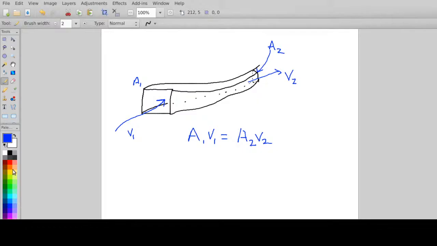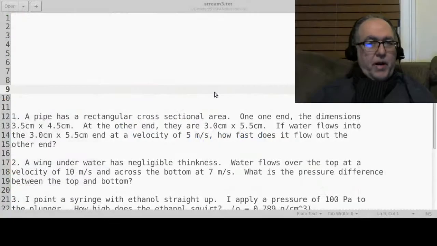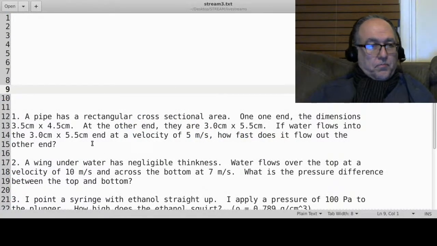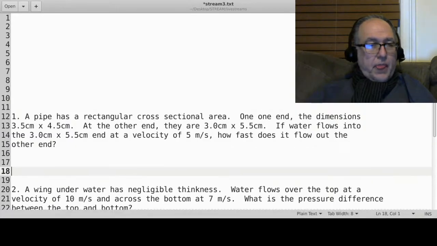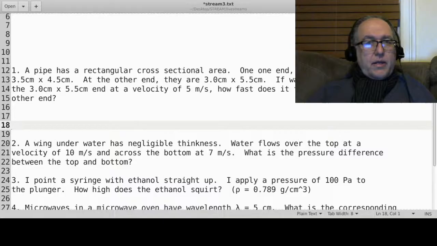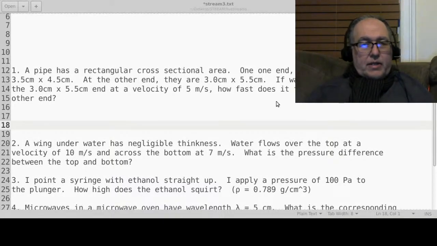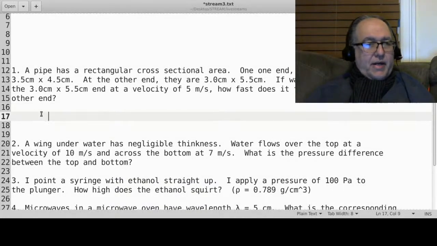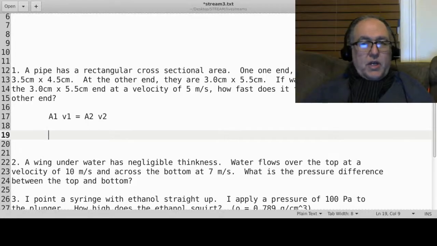Let's actually solve it. Let me scroll up a bit. I know my image is covering the English there, but I'll just read it out for you. So we have A1 times V1 is equal to A2 times V2, the continuity equation.